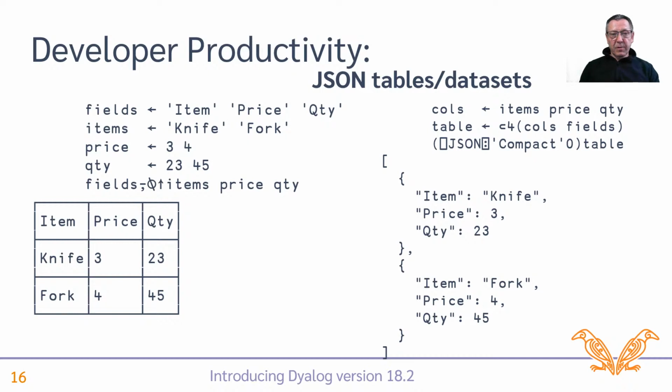The JSON conversion tool that converts between APL arrays and JSON arrays has a new feature to allow you to convert an APL matrix, which is a data structure that isn't supported in JSON. You can't have two-dimensional arrays.